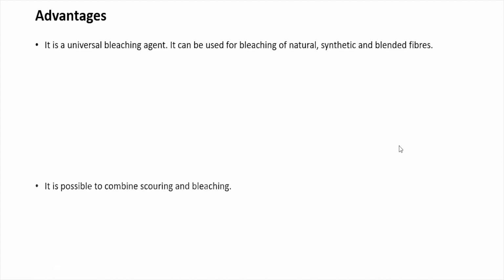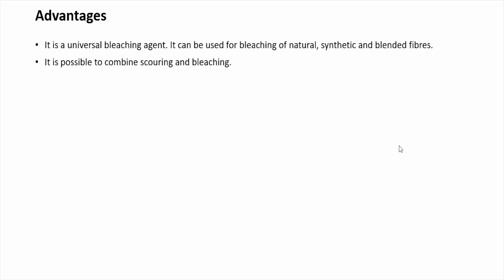So advantages of hydrogen peroxide. It is a universal bleaching agent. It can be used for bleaching of natural, synthetic, and blended fabrics. It is possible to combine scouring and bleaching also. So you can combine scouring and bleaching in a single bath. And no anti-chlor treatment is required for hydrogen peroxide because there is no chlorine involved.